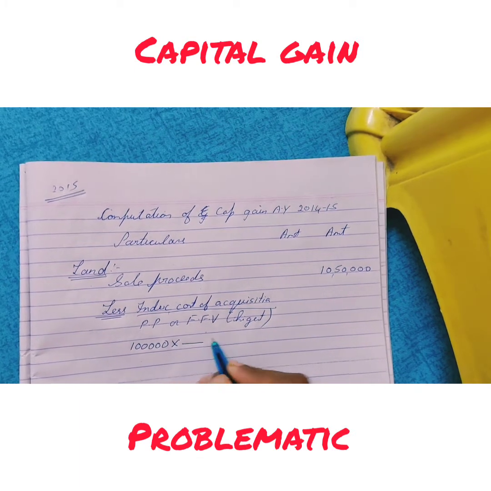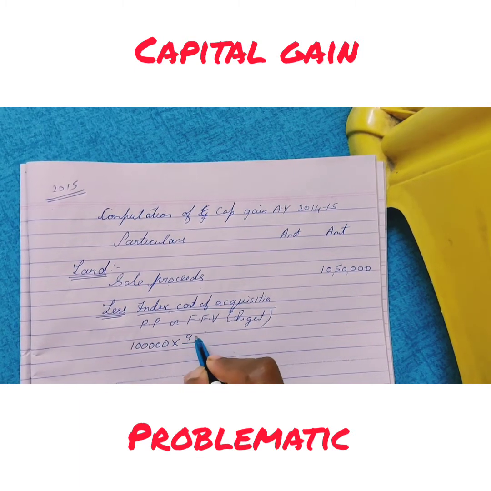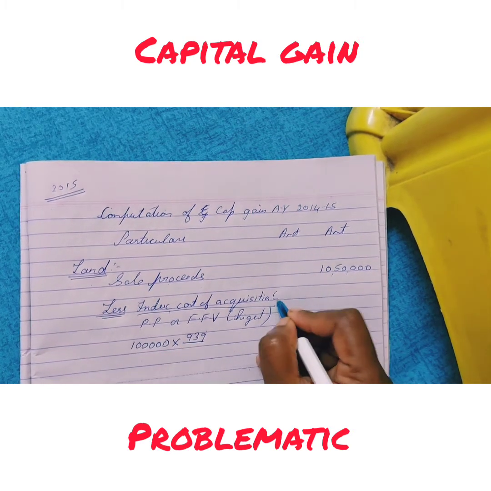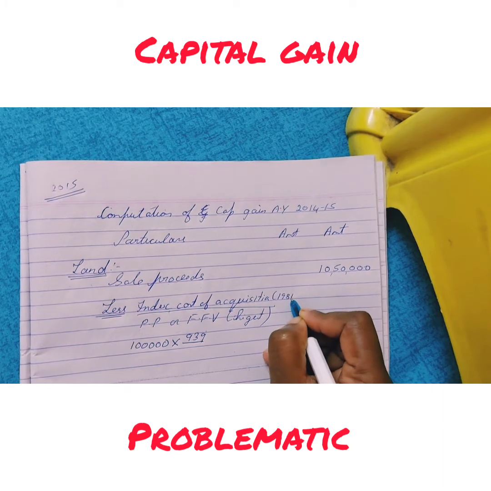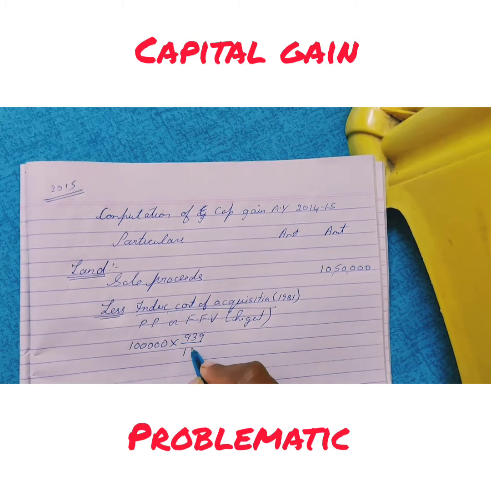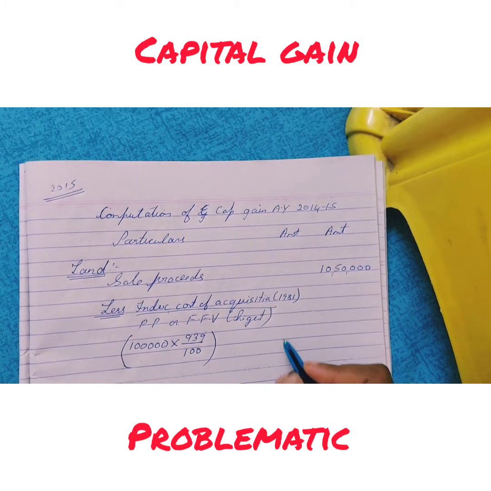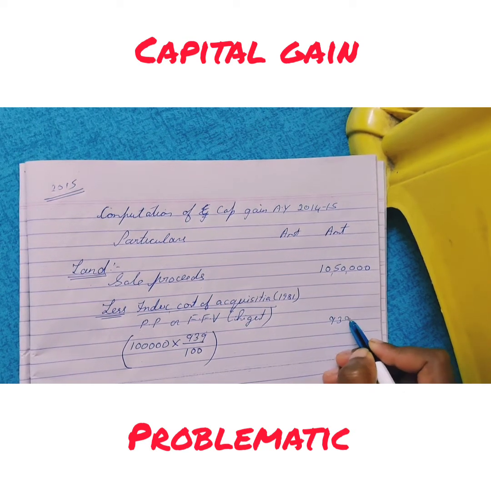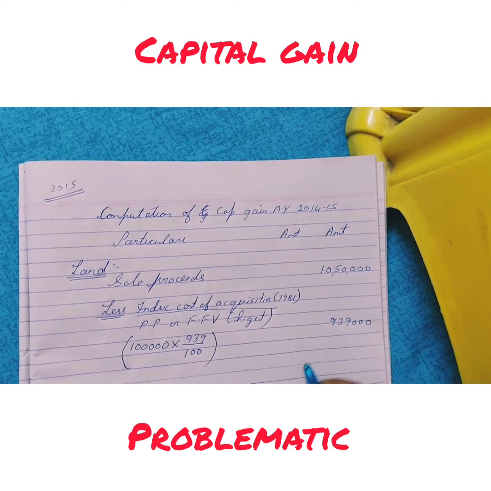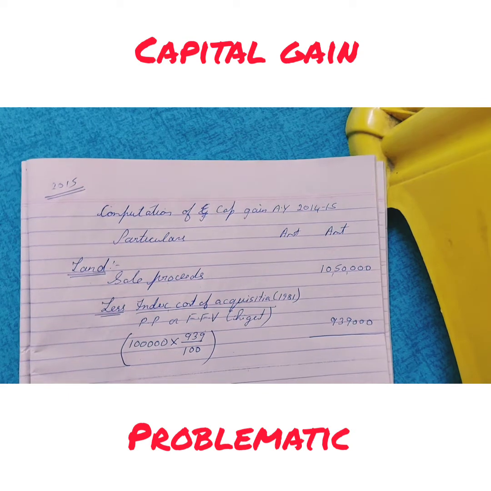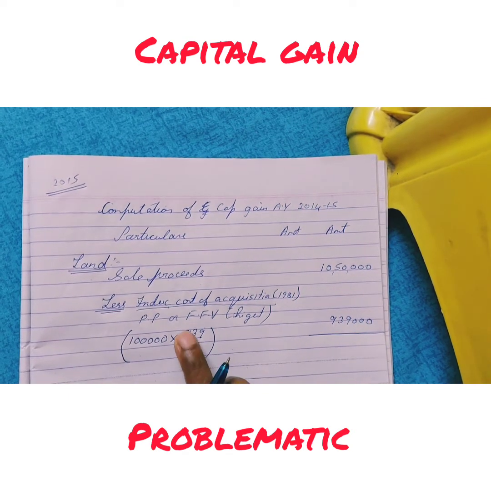into the current year's index 939, which is given, divided by the index of 1981, the fair market value year. In 1981 the index was 100. So after solving this I will get 9,39,000. In this problem cost of improvement is not given, so only indexed cost of acquisition has to be calculated.